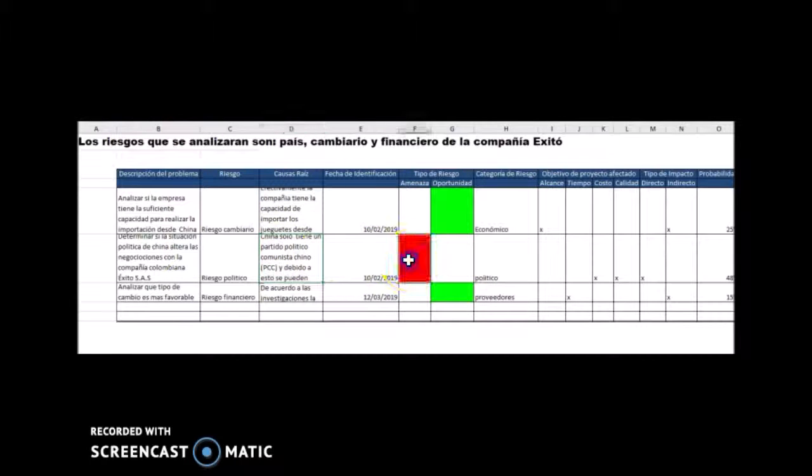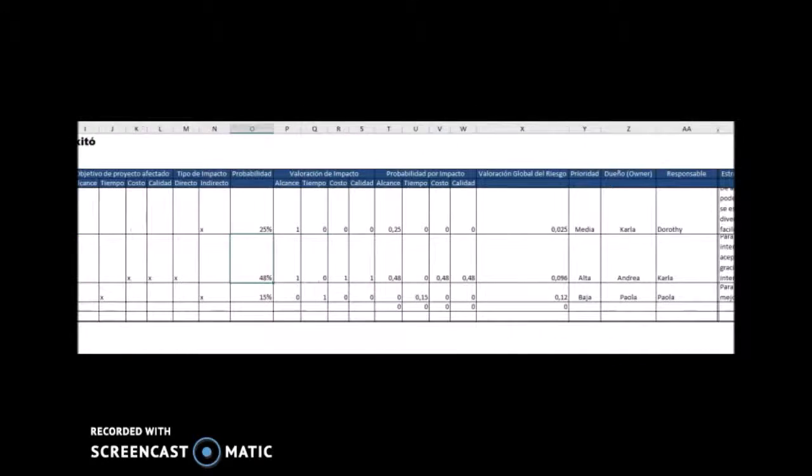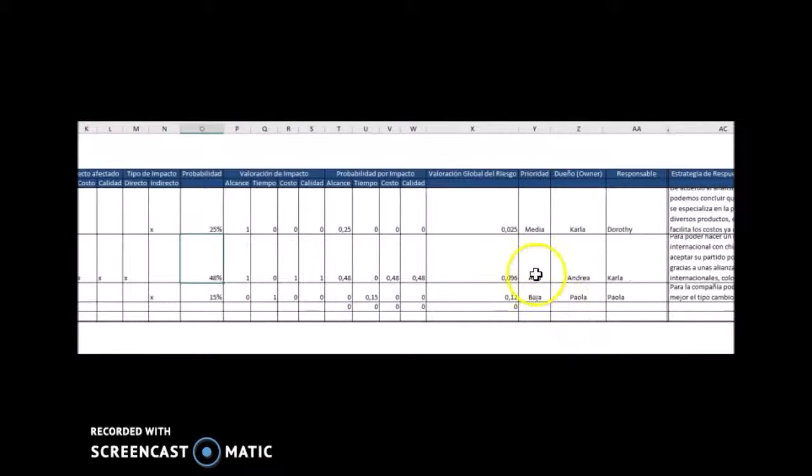We identify this as a political threat. It will affect directly the cost, the quality of the product, and the project. The probability is about 48%. We are giving this a high priority; it's a high risk for the project.